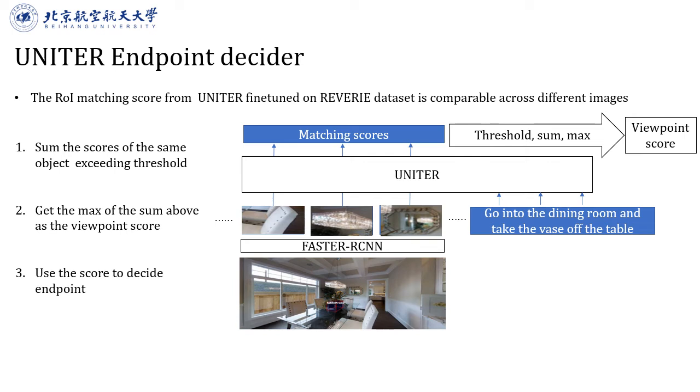We get the biggest object score in this viewpoint as the viewpoint score, and we use the viewpoint score to rank all viewpoints. The viewpoint with the highest score is most possibly the endpoint of the navigation.